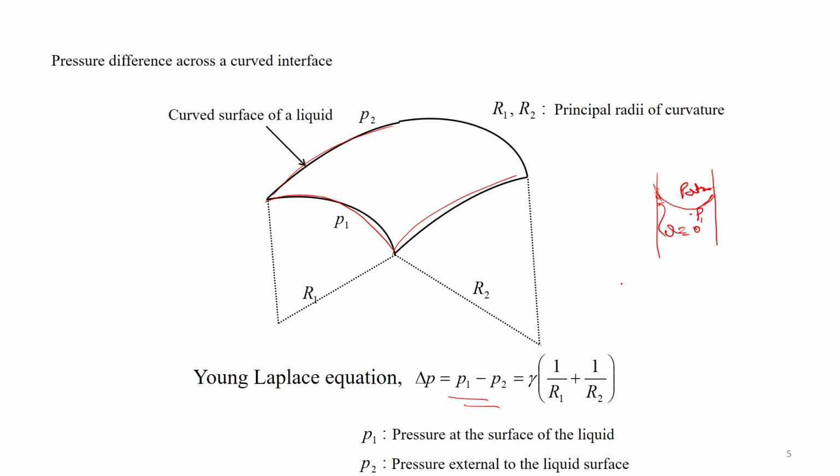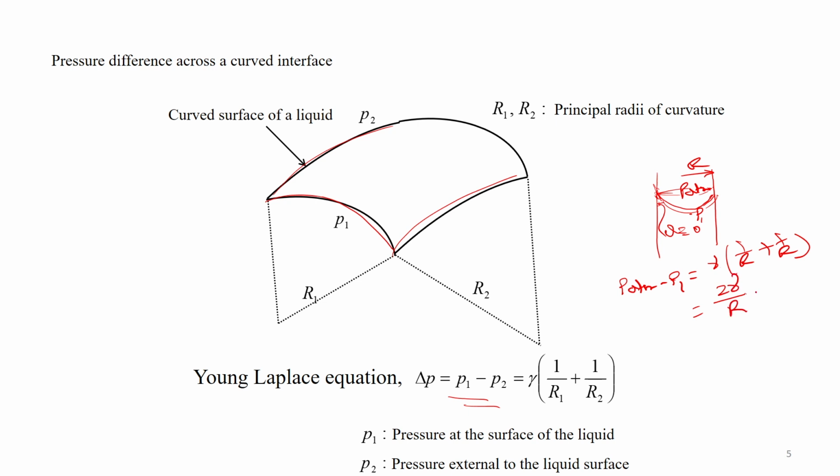P atmosphere minus P1 is given by gamma times the curvature, and the radius of curvature is the same in both directions because the contact angle is 0 degrees. So this is 1 by r plus 1 by r, where r is the radius of the capillary. It comes out to be 2 gamma over r.